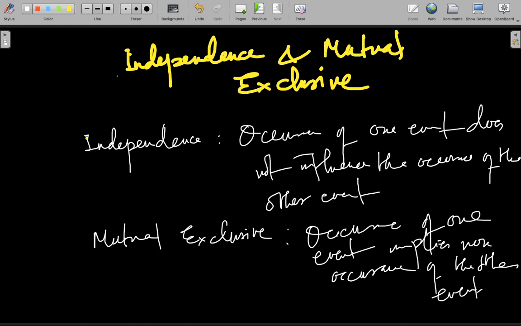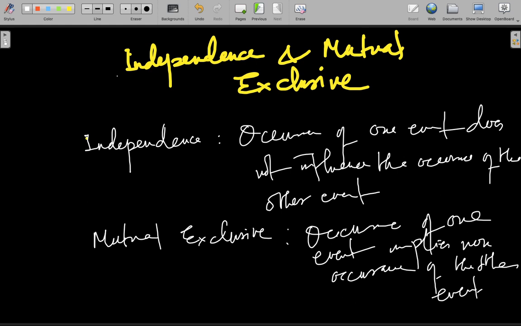On the other hand, for mutual exclusive, if X is coming, that means Y is not there. So there is an element of dependence when I'm talking about mutual exclusiveness: the moment X comes in, Y goes out. So the existence of Y is dependent on the existence of X. That's the intuitive understanding that mutual exclusiveness does not imply independence.